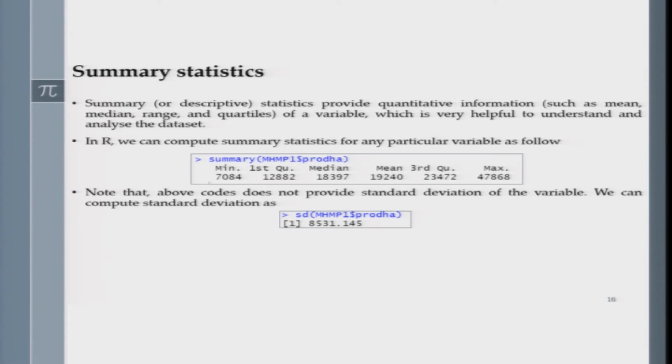The command is summary, and then you write the name of the data set, and then this dollar sign. After that you write prod ha as the variable for which you are asking for summary statistics from R, and then R will in return give you the information on the minimum value, first quartile, median, mean, third quartile, and the maximum value.